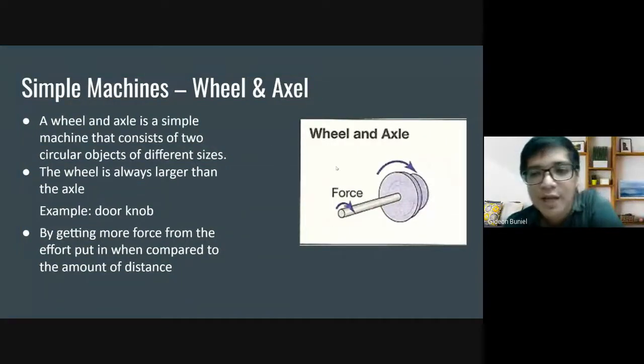So just imagine your doorknob in your house, you exert effort by turning the wheel, which is the handle. Then you cannot see what's inside it, or what's behind the door. So basically that's where the action happens.